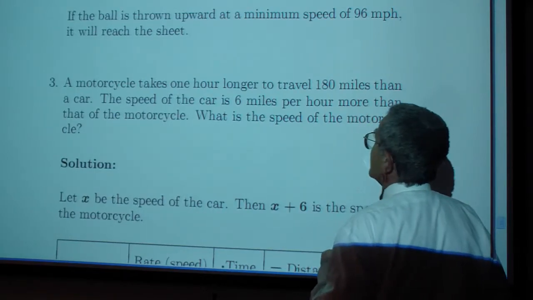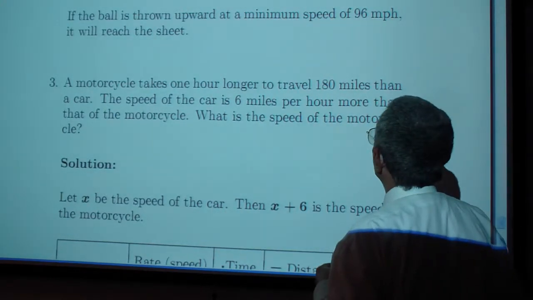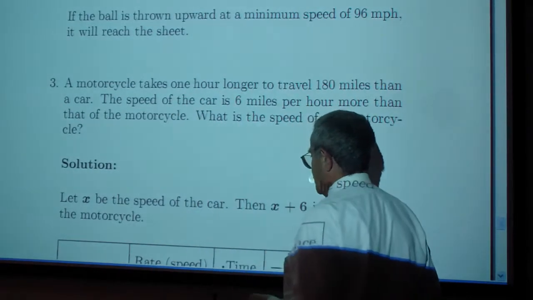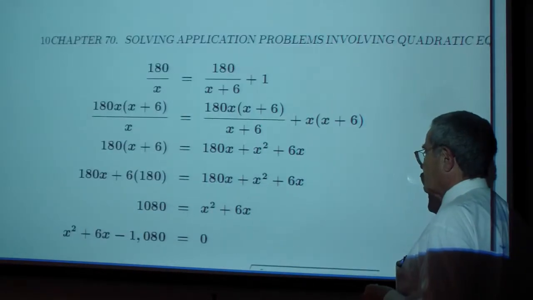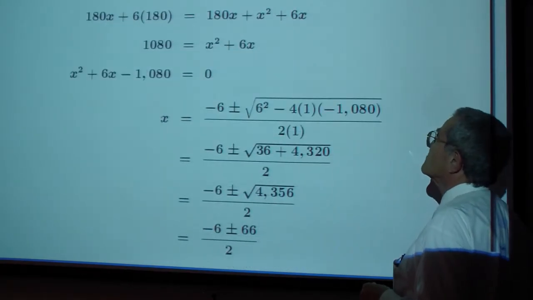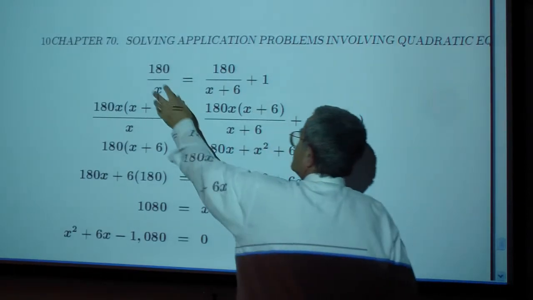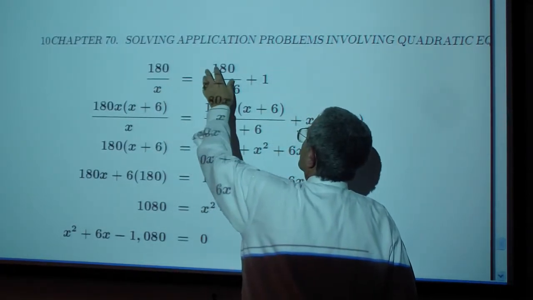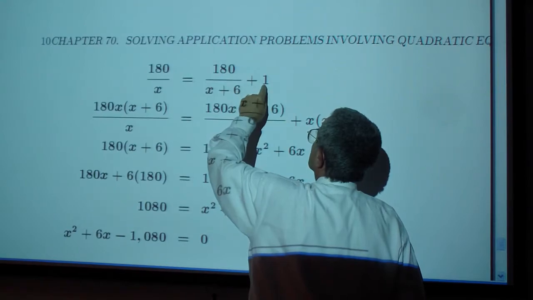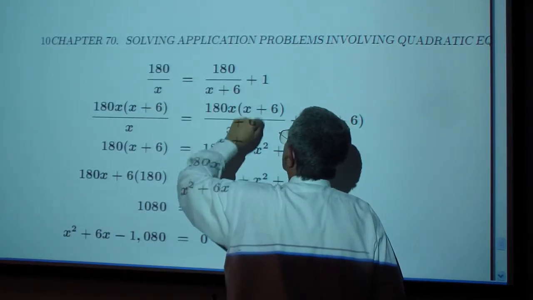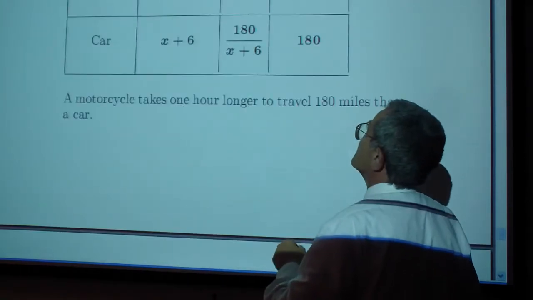I'm assuming that the time difference is 1, a motorcycle takes 1 hour longer, here it is, 1 hour longer, it is 1 hour. Right here. So this is the time of the car, this is the time of the motorcycle. I need to know what's what.